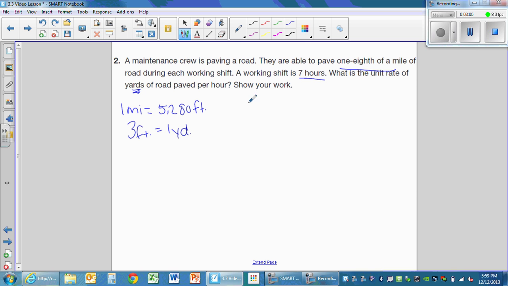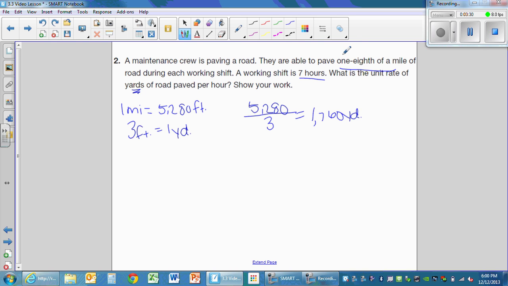So I'm going to take my 5,280 feet and divide it by 3, because there's 3 feet in 1 yard, and that will give me the number of yards in a mile, which is 1,760 yards in 1 mile.